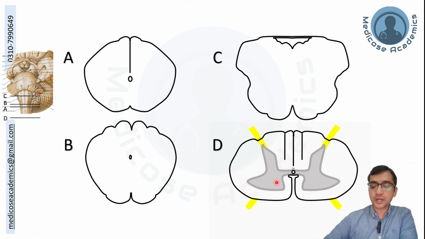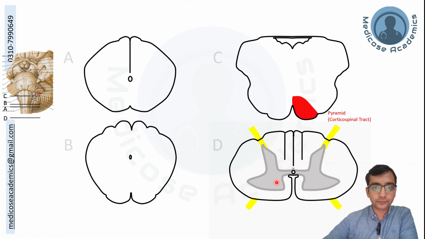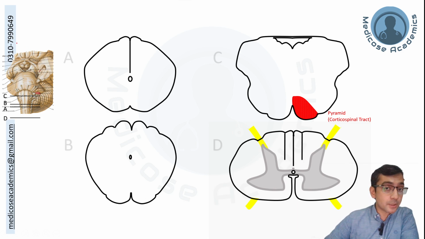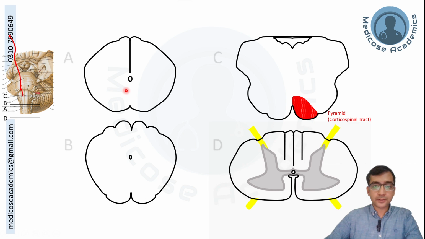Okay, let us start with the first tract, pyramidal tract, corticospinal tract. The corticospinal tract is coming all the way from the cerebral cortex, from corona radiata, internal capsule, in the midbrain crossing the crus cerebri. On the pons it is crossing the base of the pons, and here it is crossing the pyramids, as you can see.